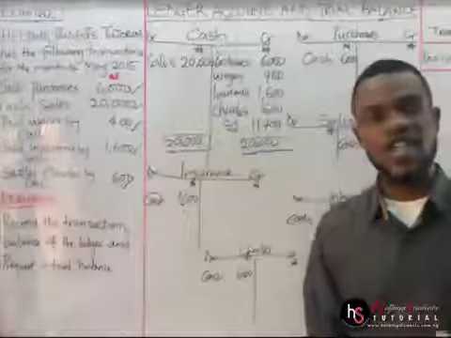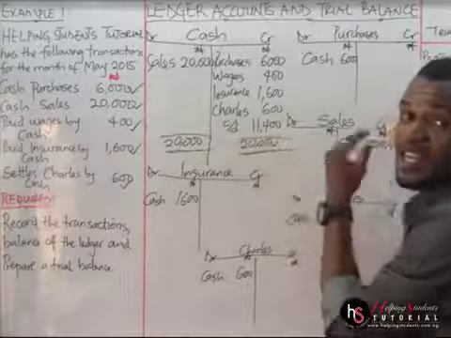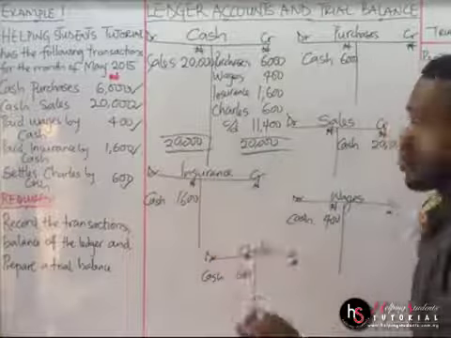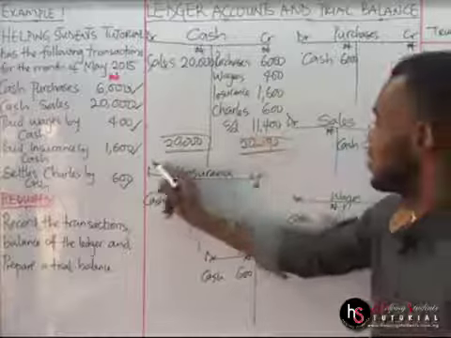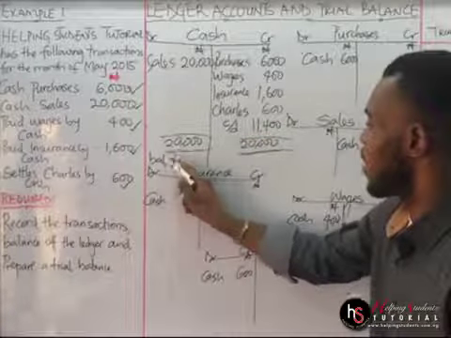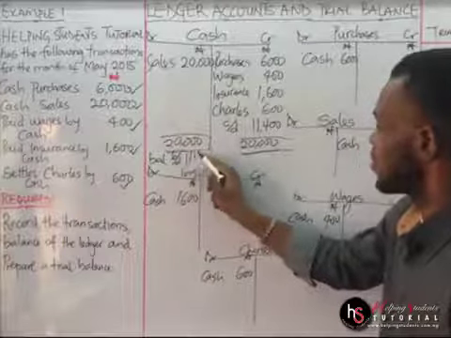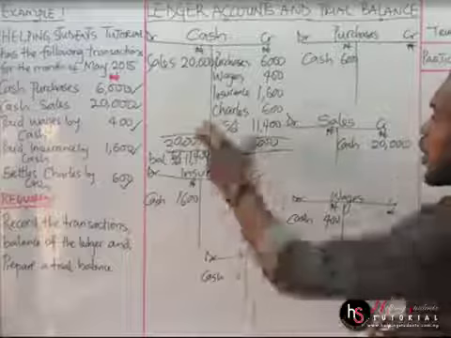Now, take note under the ledger, once you have your balance carried down on the credit side, it means the debit side will have the balance brought down. Okay? So since it happens this way, we'll have our CD here. So at this section, we are going to have our balance brought down, which is what? 11,400. Okay? So we are done with this.